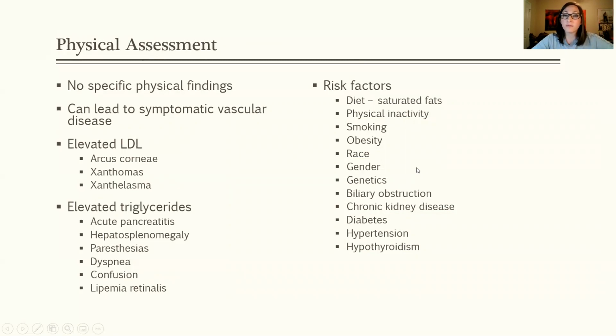There are several risk factors for hyperlipidemia, and these need to be taken into consideration when assessing patients.